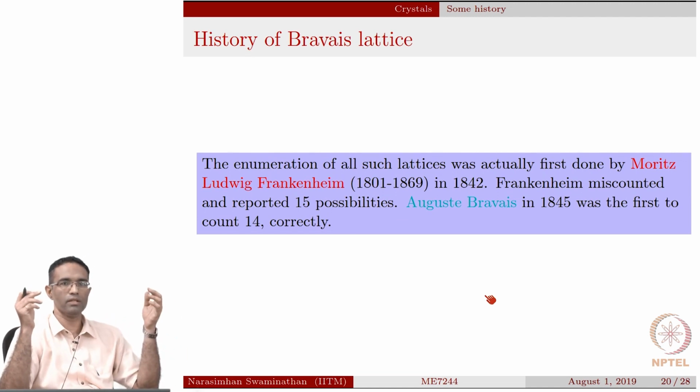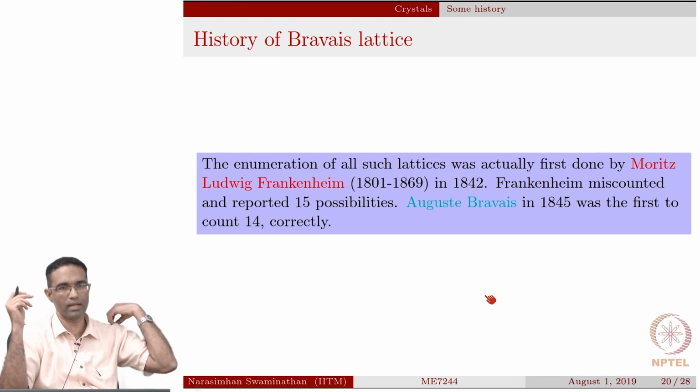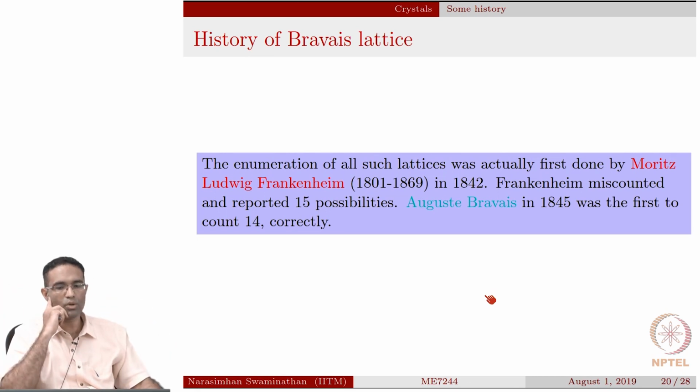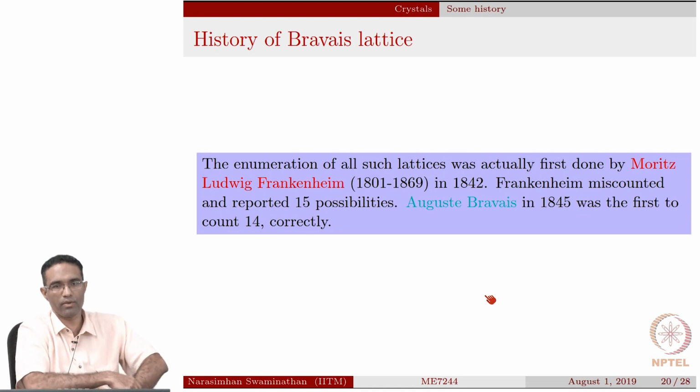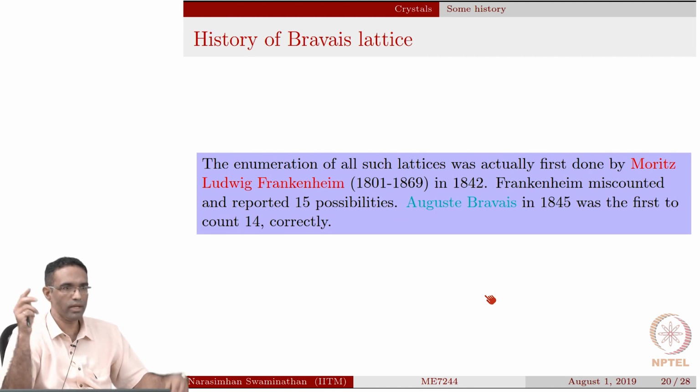One of the interesting things that we see about Bravais lattices is their history. The enumeration of all these lattices was actually done by someone called Moritz Ludwig Frankenheim, in the year 1842. He came up with 15 different Bravais lattices. He only did the major work, right?